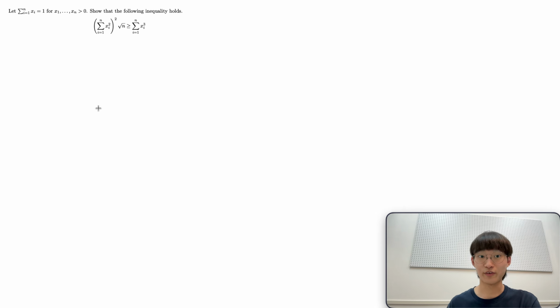Now, the very first thing that I tried is actually multiplying this term to here. So we got the sum equals 1 and like this.